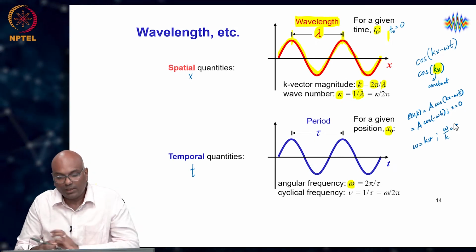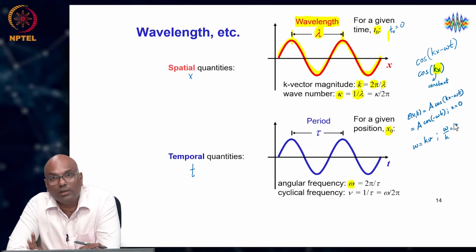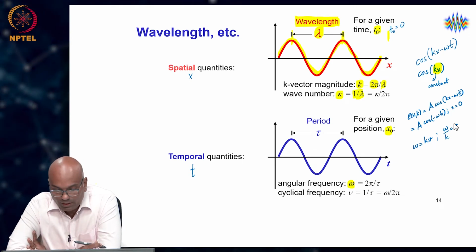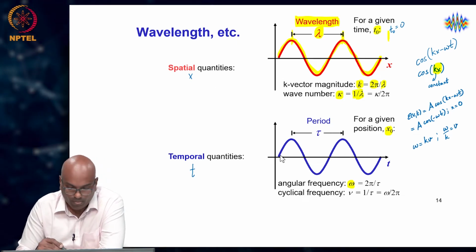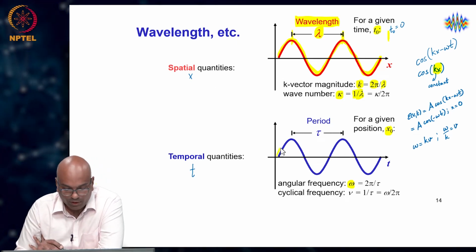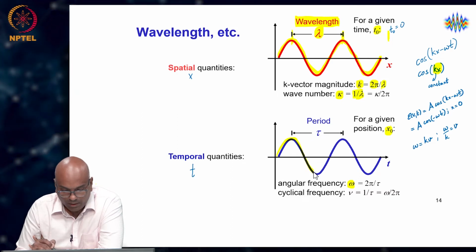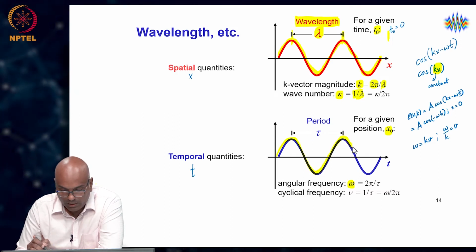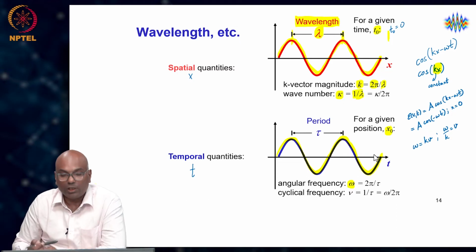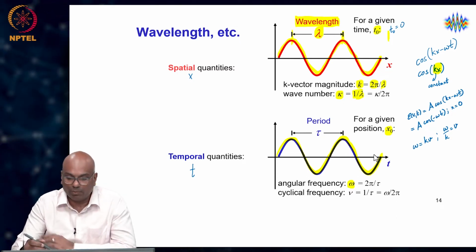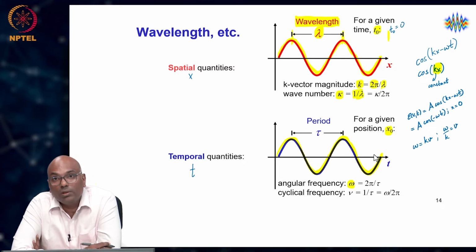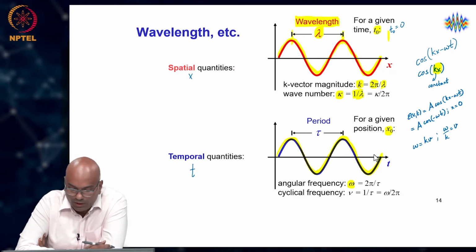We do the same exercise as we did for the spatial case. We fix the position and then make a plot of the amplitude of the wave as a function of t, time, and this amplitude essentially as time flows undulates from a maximum, goes through a 0 to a negative maximum and a positive maximum and so on, the cosine function being a periodic function once again.